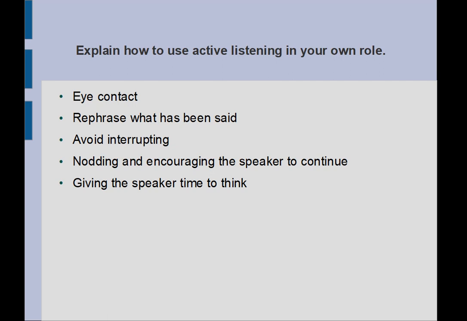Giving the speaker time to think is another important point. You don't want to necessarily jump in with questions or suggestions or finishing the person's sentence without giving them time to speak or to think. If they are struggling with an idea and you think they're clearly struggling, you've given them a bit of time, then maybe jump in with your suggestions, but it shouldn't be straight away.